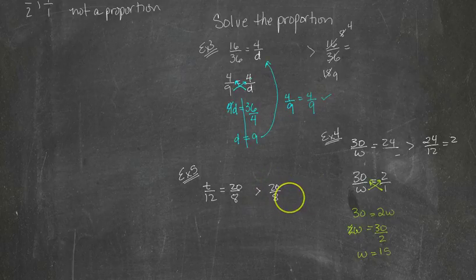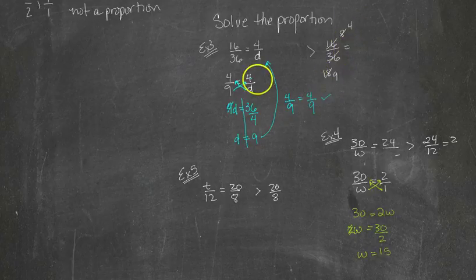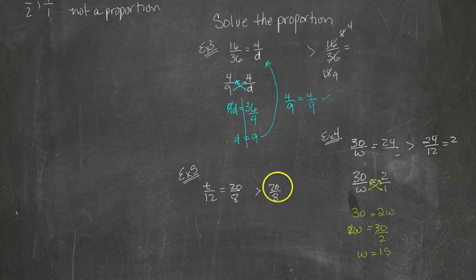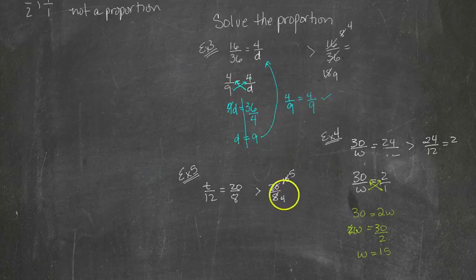See why I'm going off to the side? Because it would be hard to work with these two values when I cross product. So I want to work off to the side. 20 divides by 2 leaving 10, 8 divides by 2 leaving 4, 10 divides by 2 leaving 5, and 4 divides by 2 leaving 2, so it's 5 halves.